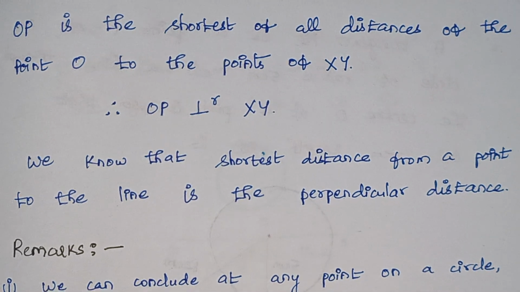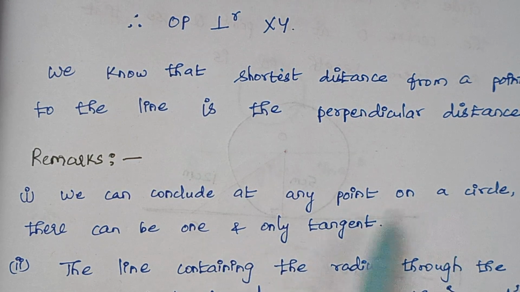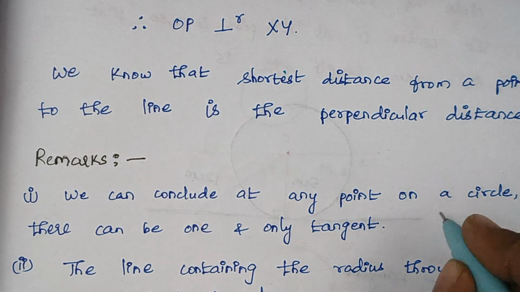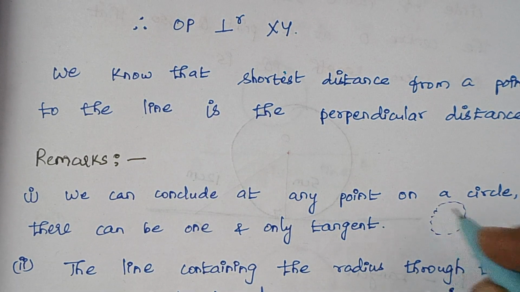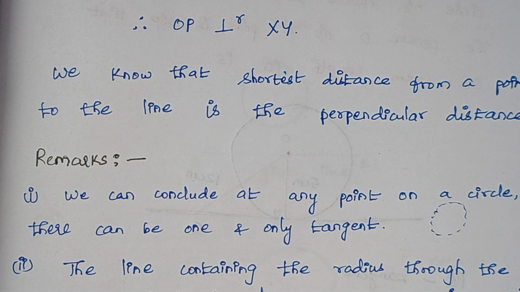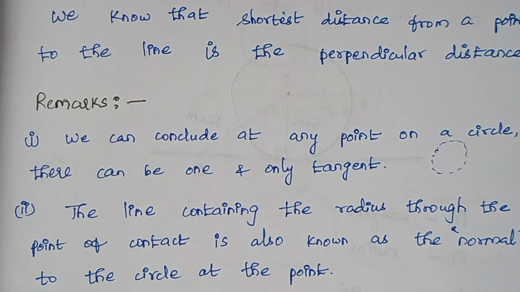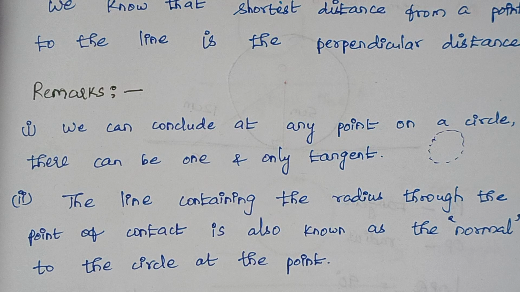So the remarks are: at any point on a circle, there can be one and only one tangent, because the circle has n number of points, and for a single point there will be only one tangent. The line joining the radius through the point of contact is also known as the normal to the circle at that point.